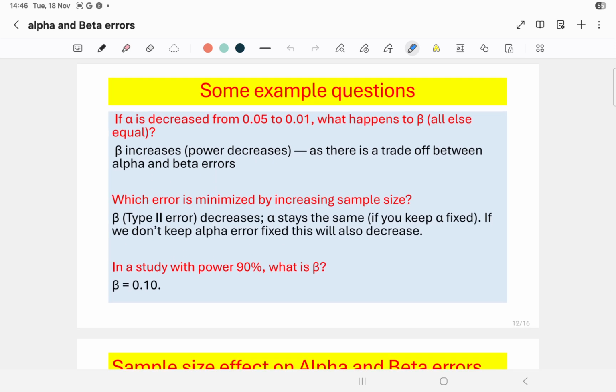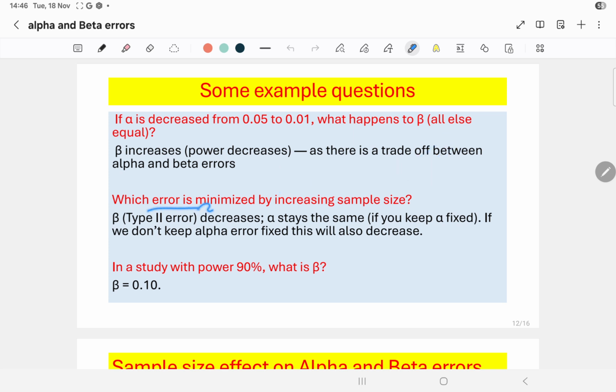If alpha is decreased from 0.05 to 0.01, what happens to beta? If everything else is equal, so we are keeping the sample size fixed, beta increases and power decreases, because we are decreasing the alpha. So there is a trade-off.